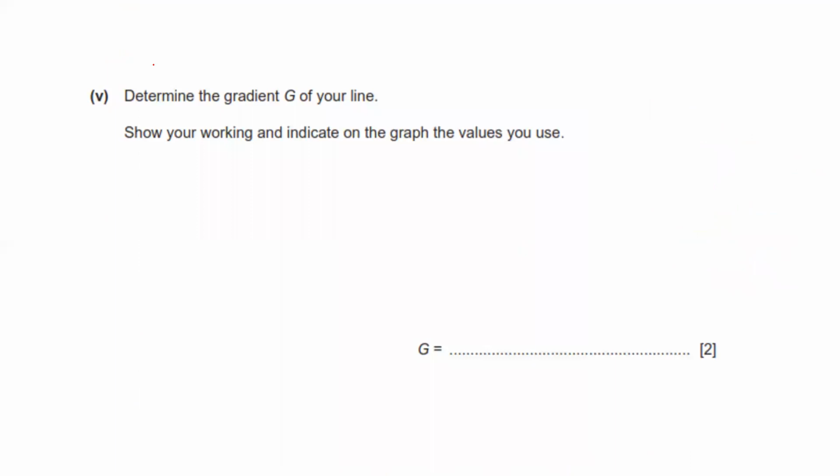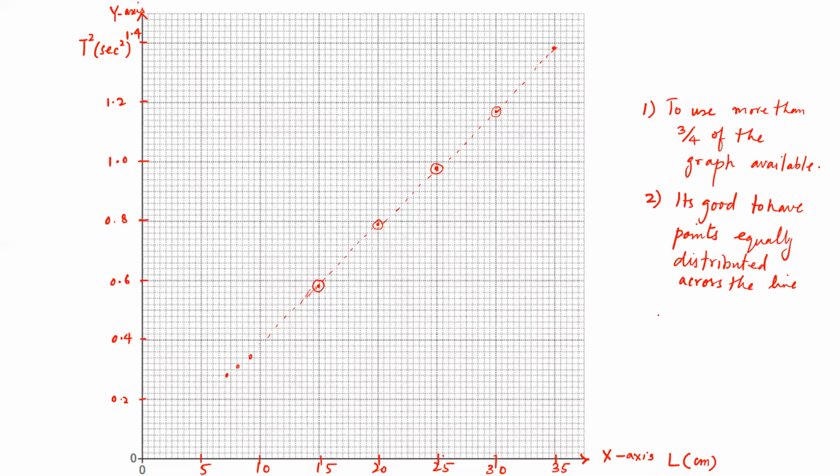Moving ahead, it says determine the gradient g of your line, show your working, and indicate on the graph the values you use. So again, this is of 2 points, so we have to show our working. So part 3, gradient. Remember, g is change in y by change in x.